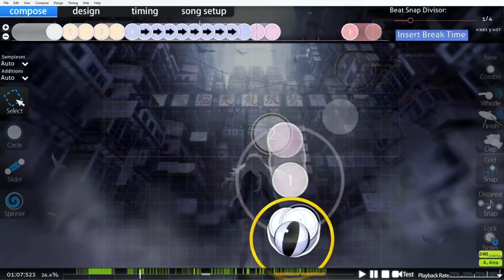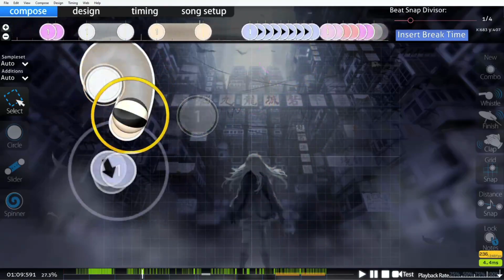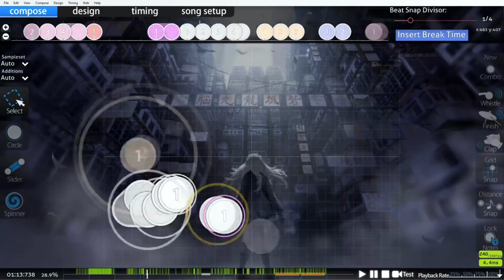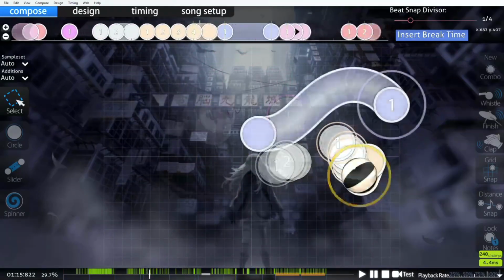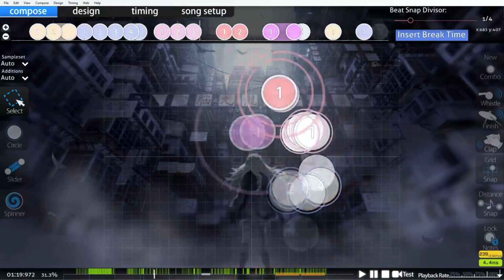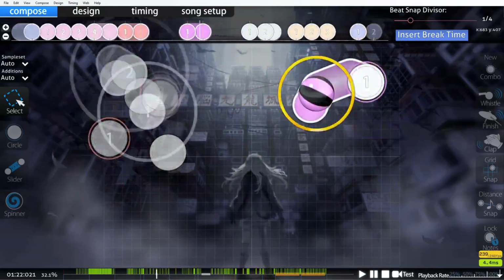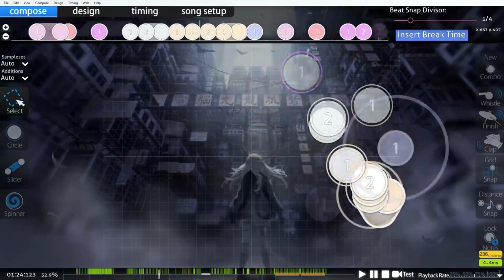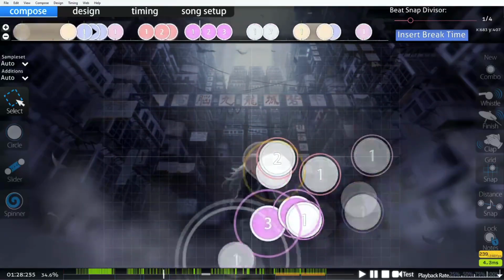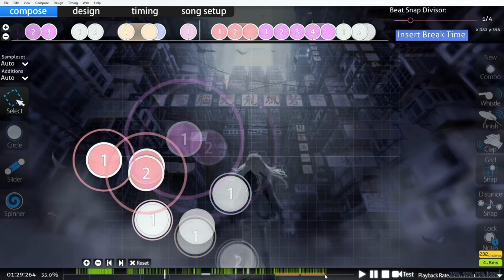Is it a Jizag map? That's right. Okay, how long is this map?